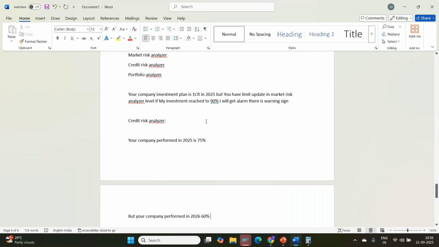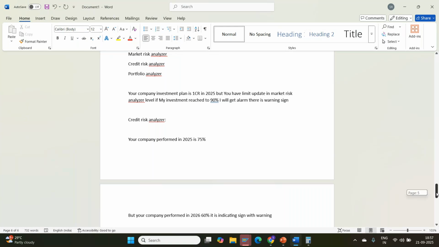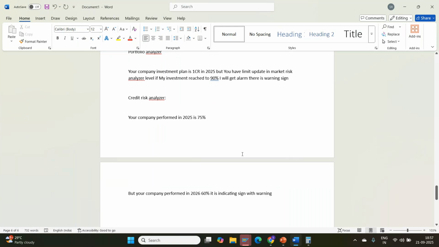How will you know? Based on your credit limit, the percentage is saying your company is going to collapse. So it is indicating a warning sign that your company is going down. It means you need to analyze our company risk: what happened, where is the problem. That you will look at in the credit risk analyzer.